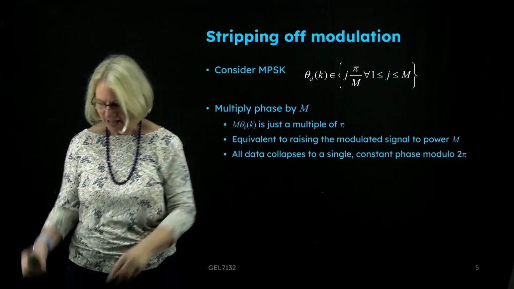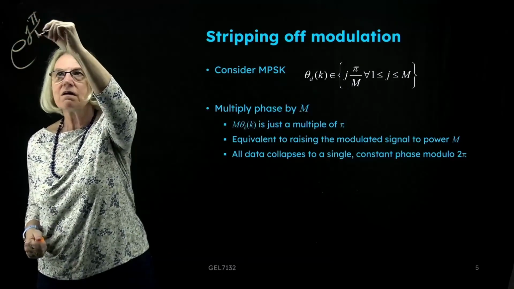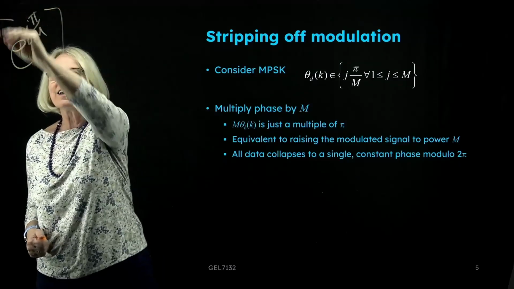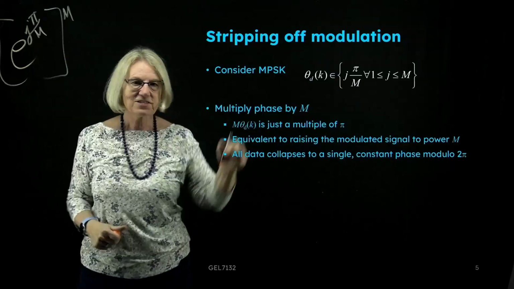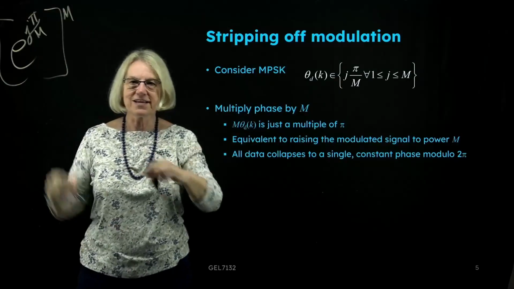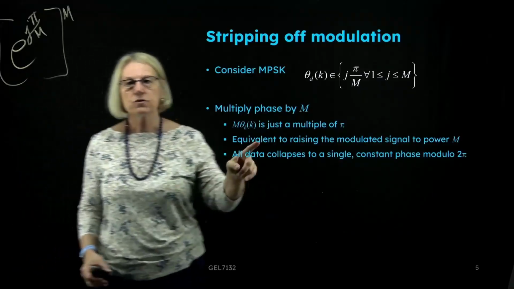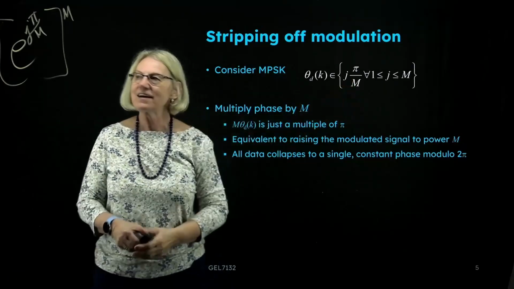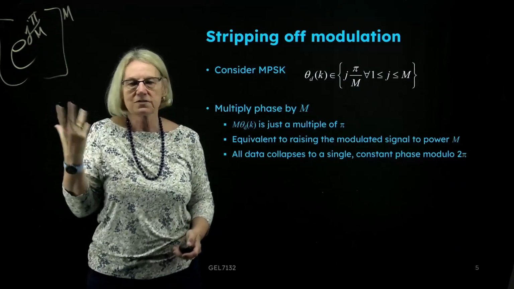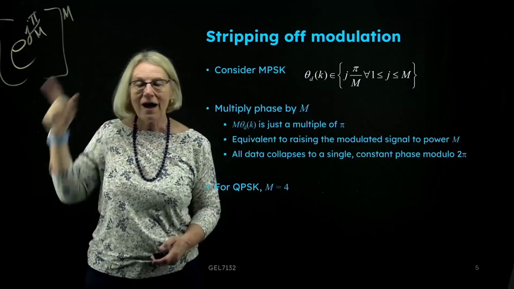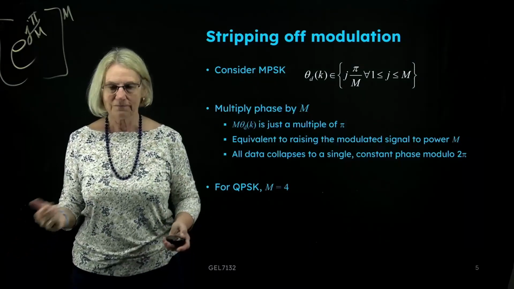Because if I have e to the j pi over M, and I raise it to the Mth power, then I'm multiplying the phase by M. So when I do this, all of this data collapses to 1 point. It becomes one value. It's a multiple of pi, so modulo 2 pi, it's one value. And of course, for QPSK, M equals 4.